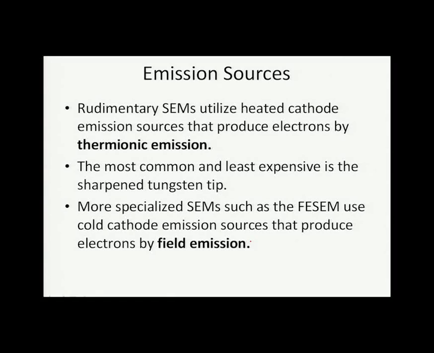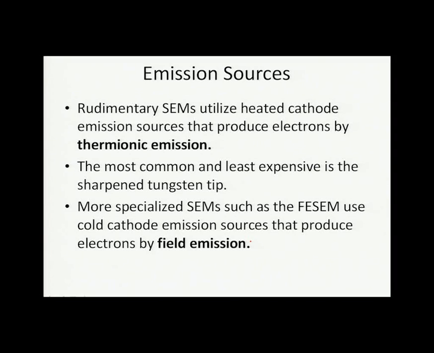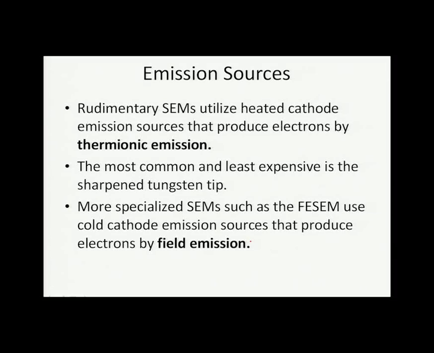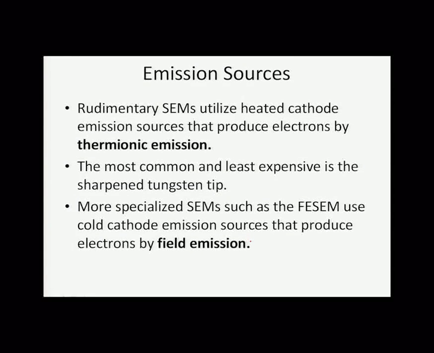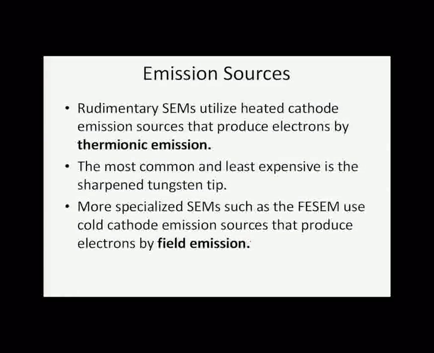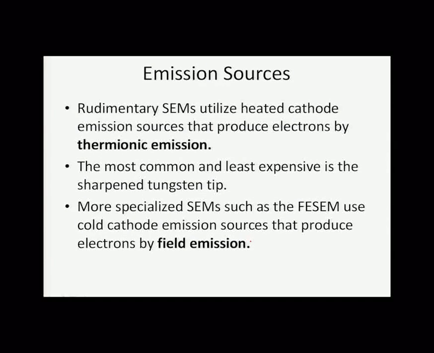Basically, you're heating, in this case a tungsten tip, much like a light bulb, when you pass a current through it, it gets hot. The light bulb we don't really use for heat, we use for the generation of photons. In a thermionic emission, it's very similar, but primarily you're generating electrons, and we're interested in those electrons, so we accelerate those along down the column.